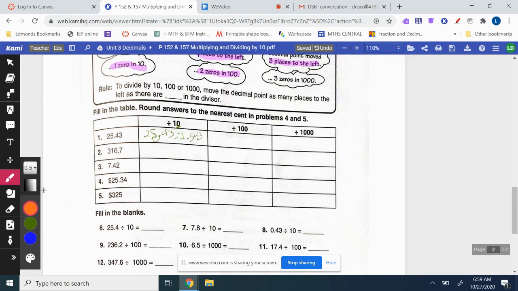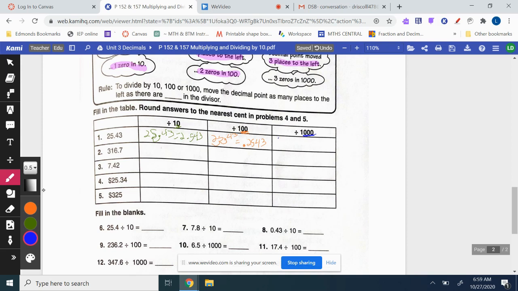On the hundreds, I have 2 decimal places. So I'm moving this 2 spaces, 25.43, and I move it 1, 2, and that gives me 0.2543. And lastly, we're going to do it by 1,000. And you can keep going with as many zeros as there are, but this one has 3. So I'm going to move this one 3.